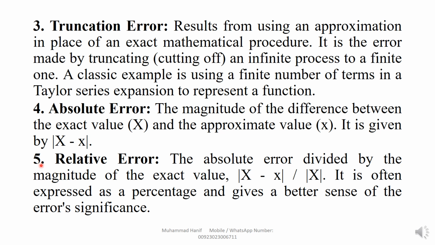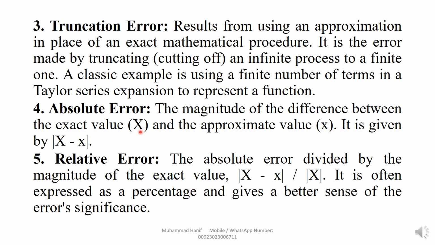Fifth point, relative error. The absolute error divided by the magnitude of the exact value. Now you can see here we use the same conditions and the divide sign. Absolute error divided by the magnitude of the exact value.